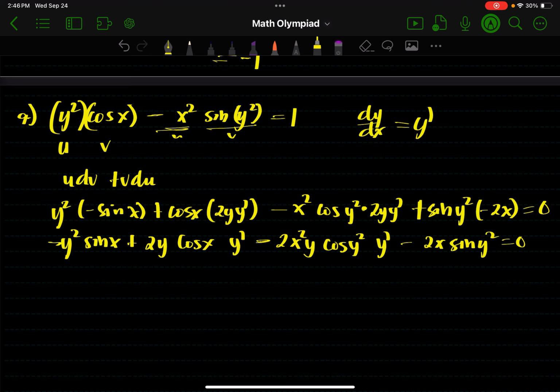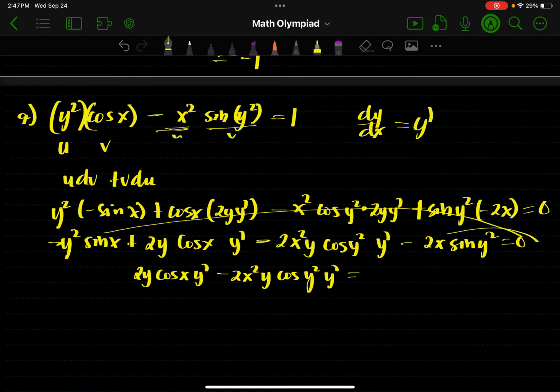Transpose terms without y prime. The remaining terms here are the 2y cos x y prime minus 2x squared y cos y squared y prime equals, transpose this, and that will become y squared sine x plus 2x sine y squared.